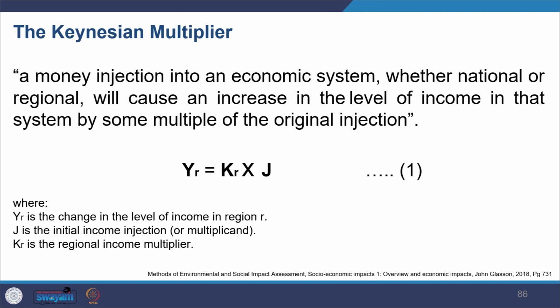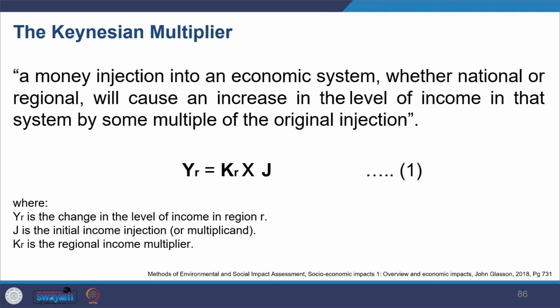Then you have the Keynesian multiplier. The basic theory behind this is that whenever money is invested into an economy at the national or regional level, it facilitates an increase in income, and that creates a lot of positive aspects.